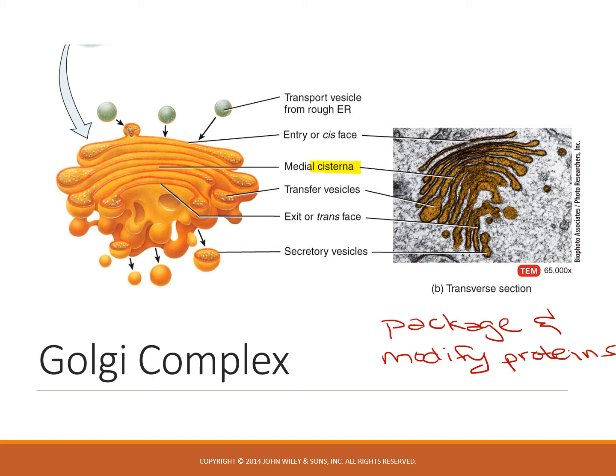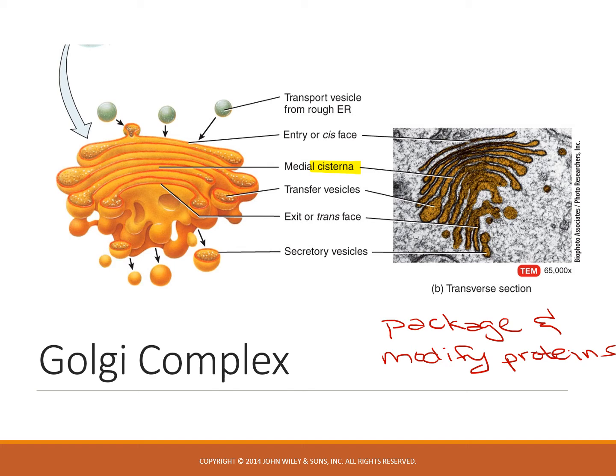The cisternae at opposite ends of the Golgi complex differ from each other in size, shape, and also their enzymatic activity. Here you can see the cis face on this side looks a lot different than the trans face. These are quite different looking edges.